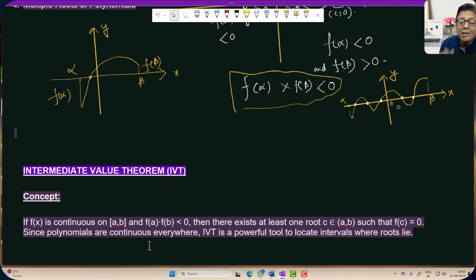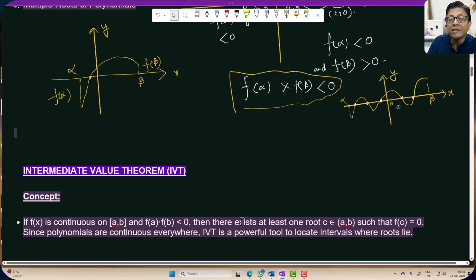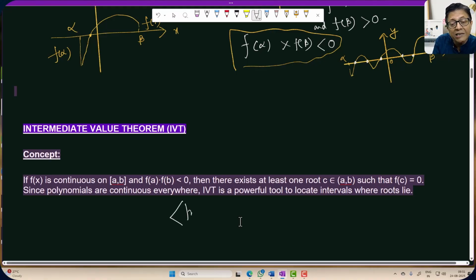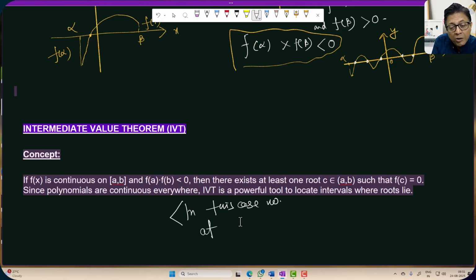But one thing I did not write here: at least one root means how many? If they are of opposite signs, then the number of roots will be odd. In this case, the number of roots must be odd.